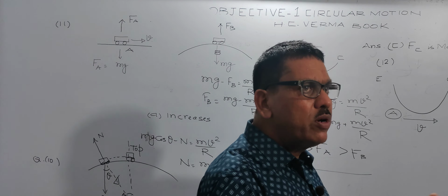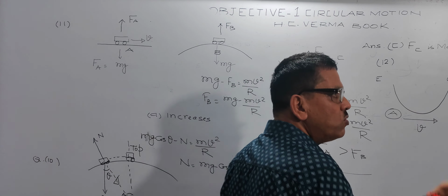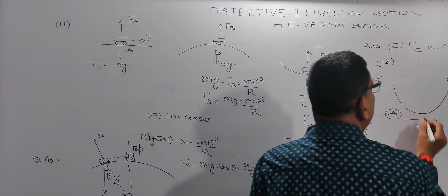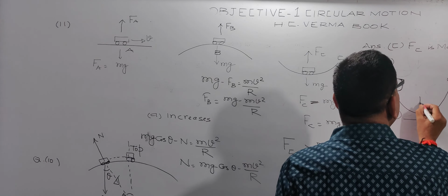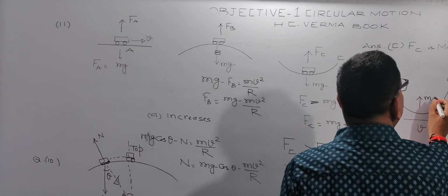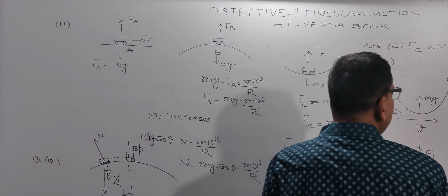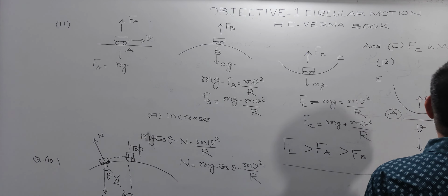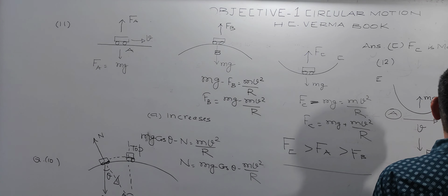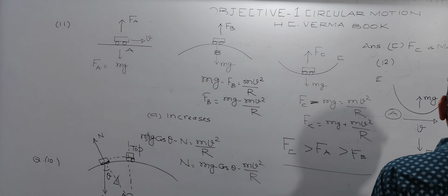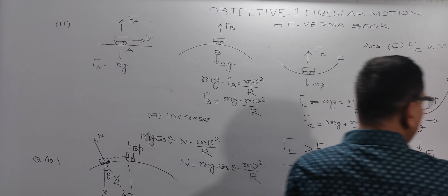Now once on the equator, you will observe the force acting towards the center. Here you will observe mg is acting towards the center. This is the direction of mg towards the center at the equator, and F1 is acting in this direction. Is it clear? Here also mg is towards the center, and F2 is acting on this.